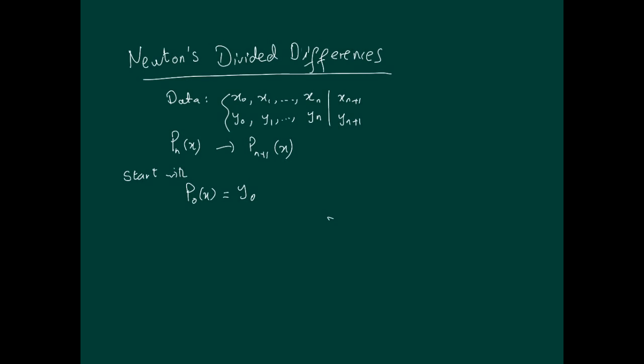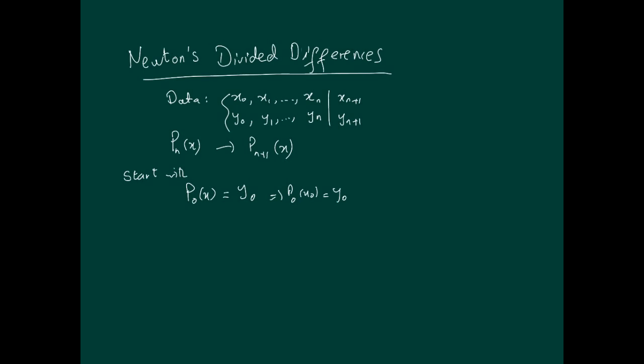So imagine that you started with just one data point. Then you would be interpolating with a 0th order polynomial, a constant. And clearly that would be satisfied because P0 of anything, in fact, is y0. So P0 of x0 is equal to y0, so it works.